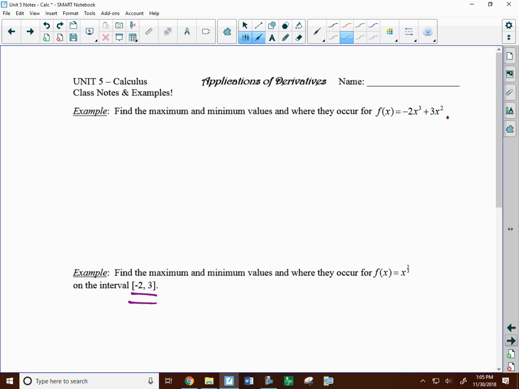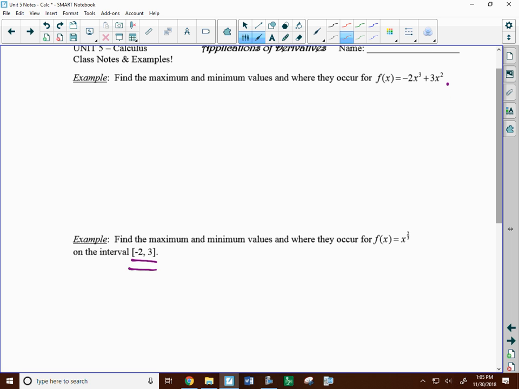Moving forward, guys, we will have a test to know if it's global or local. If it's the overall absolute max and min, or if it's a local one. For now, there's some ways we'll know. Now I'll talk about it. But for now, we're just going to find a max and min in general, the global ones if we can.